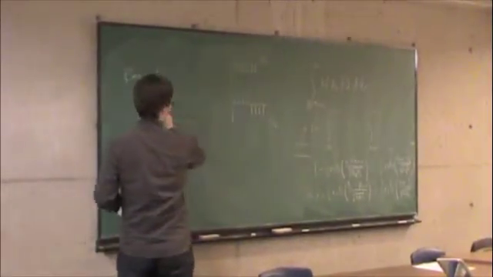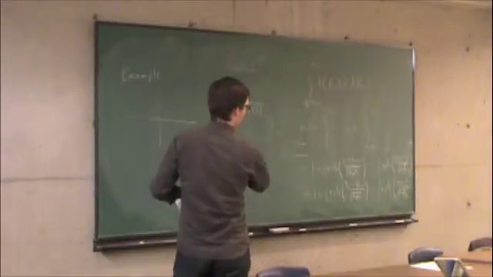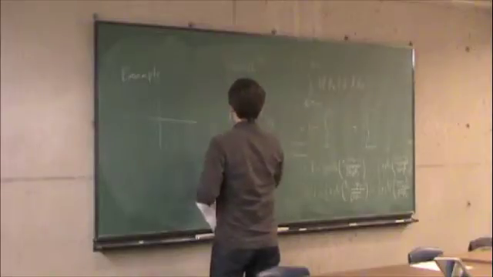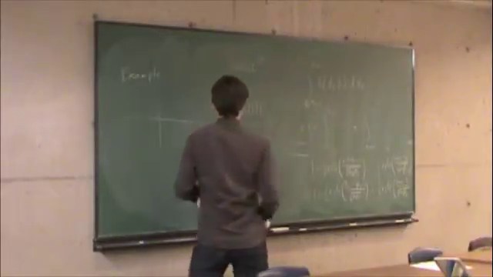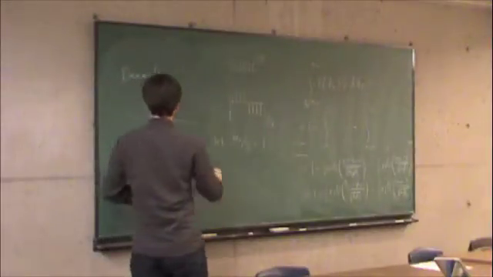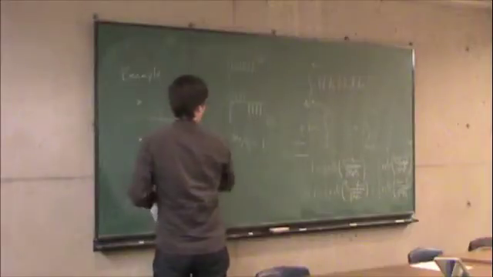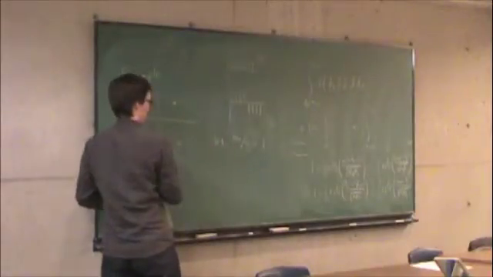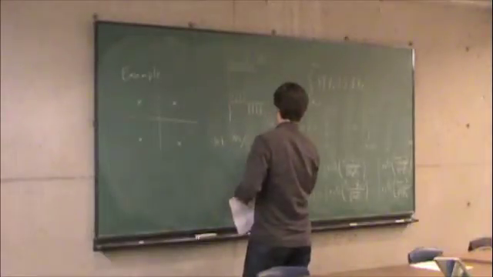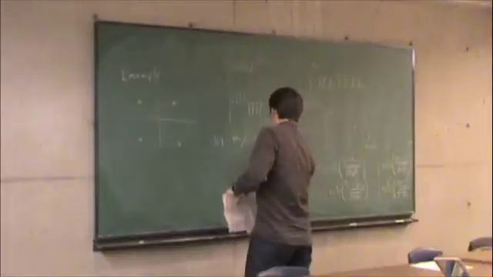Okay, so my points are, let's let n0 over ts equal 1 over 4.